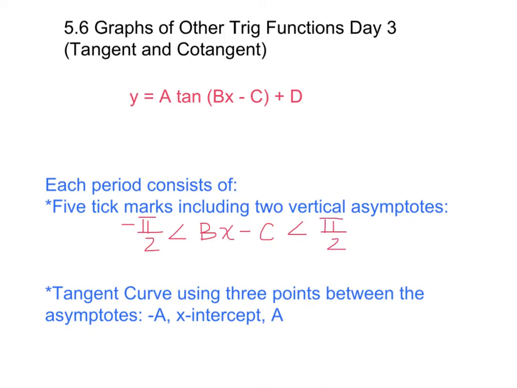Positive pi over 2 would be going counterclockwise. But you're going to use this inequality every time. So you'll take whatever is in the position of bx minus c and place it between your 2 undefined x values, and you're going to solve for x.